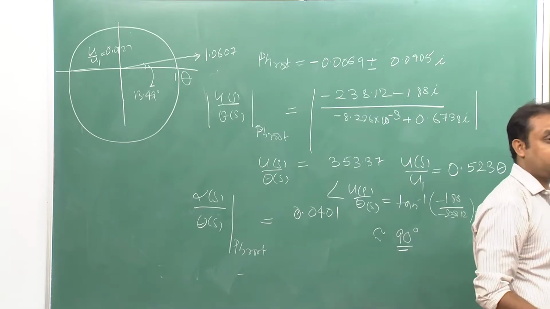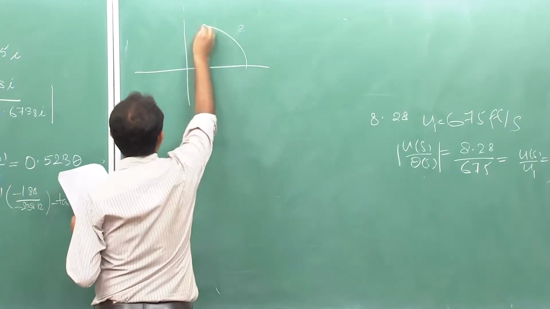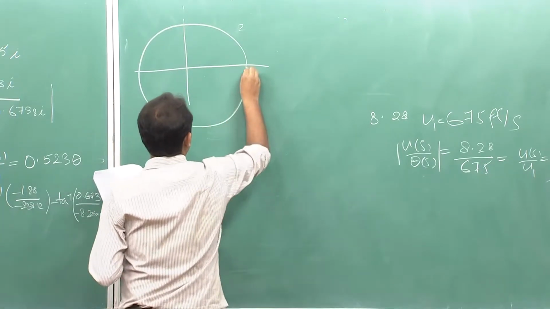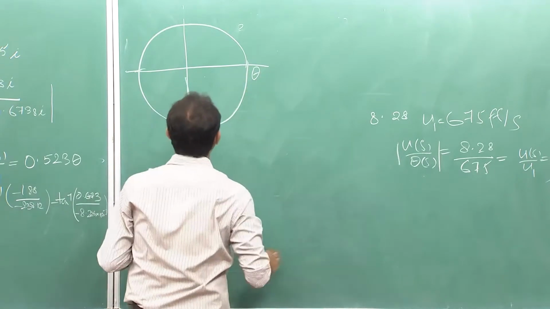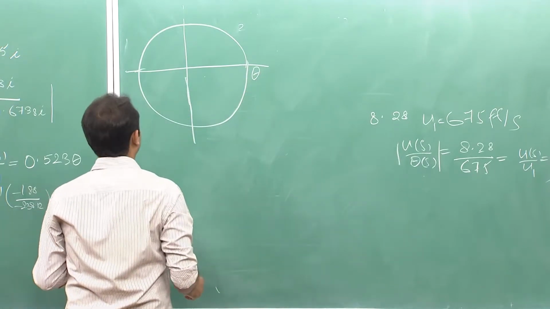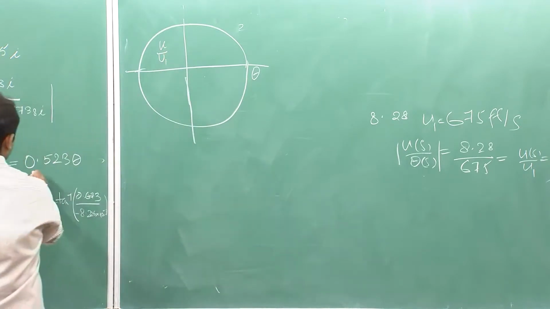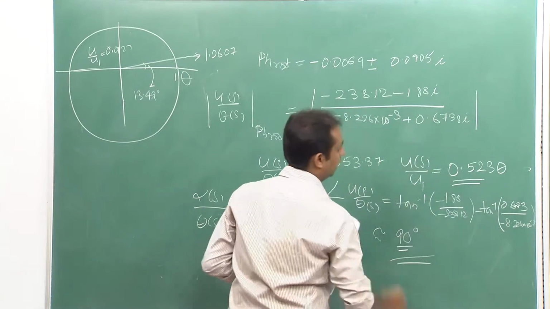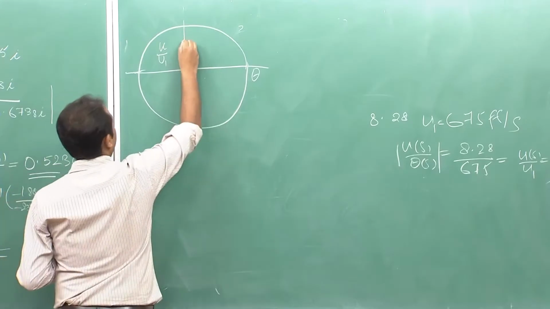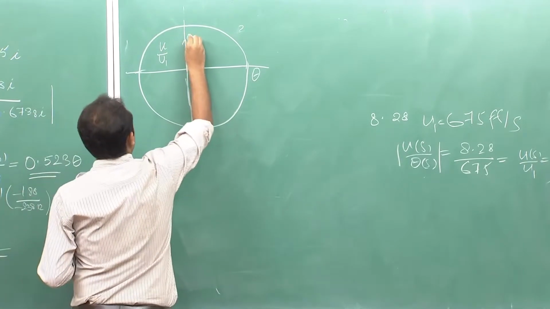Now drawing the mode shape diagram for Phugoid mode. This is a unity circle with theta as the parameter. Your u upon u1 was 0.523 theta at an angle of 90 degrees, which will be represented by this vector.